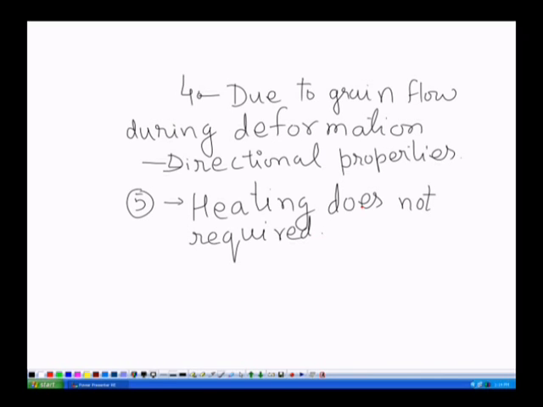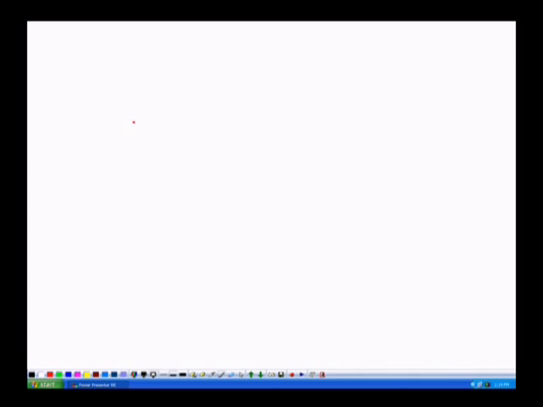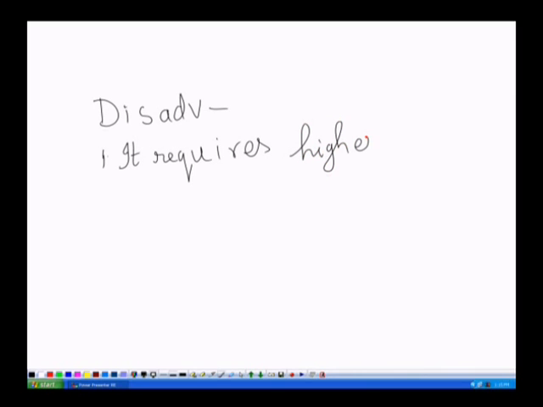Now, we will take the disadvantages. First one, this process requires higher force and power.